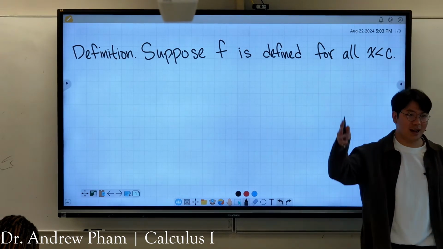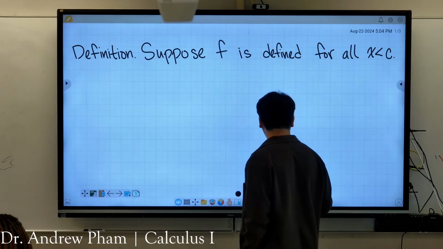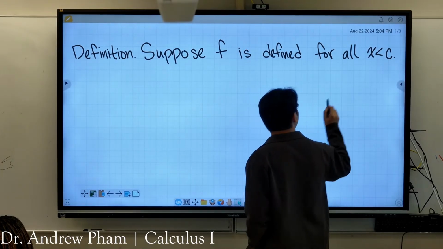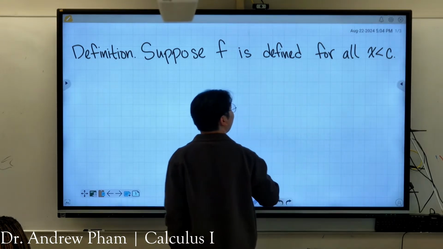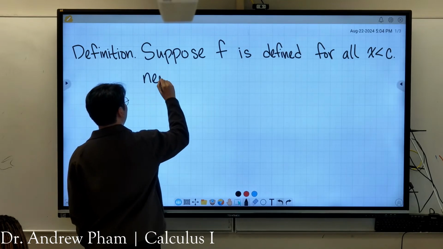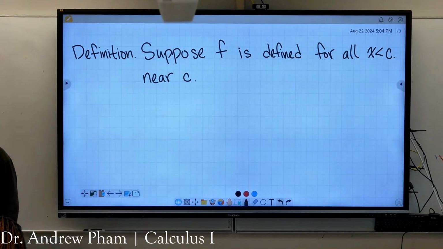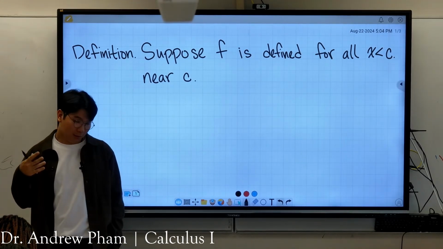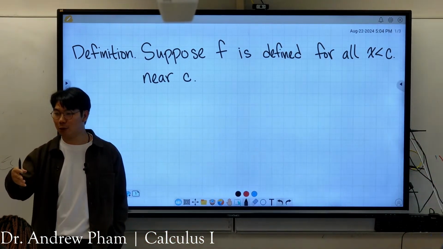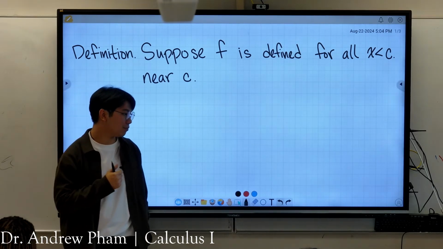So I have a function and I have some sort of benchmark, and I want to make sure that my function is defined for all x near c. So I want it to be smaller than c, but also close enough. For example, if my c is 5, I want to start thinking about the x values 4.5, 4.9, 4.99. I want to think about numbers that are relatively close to it.